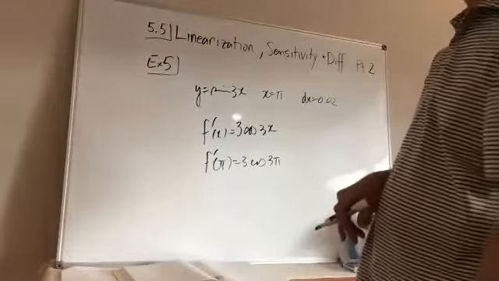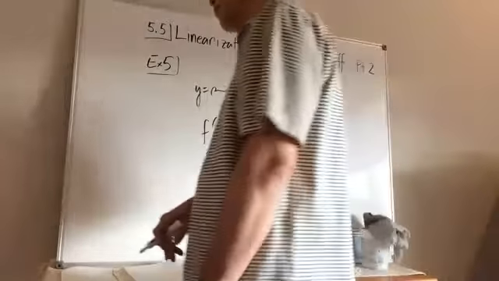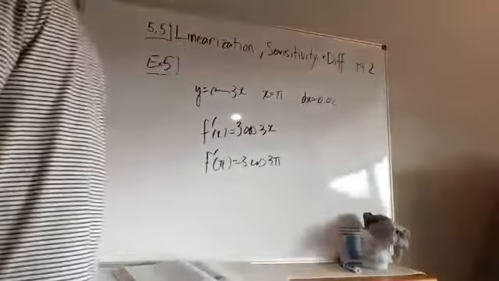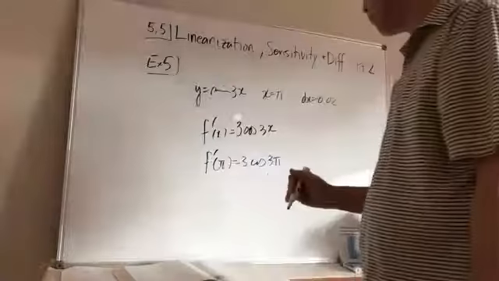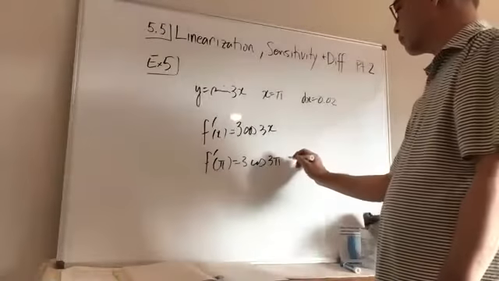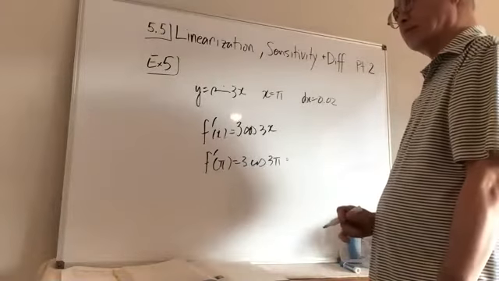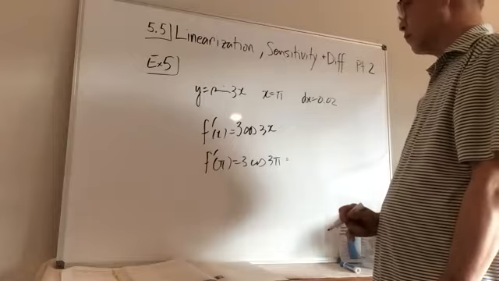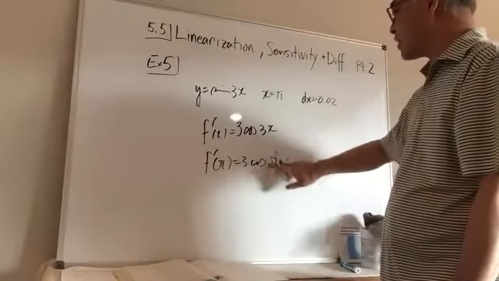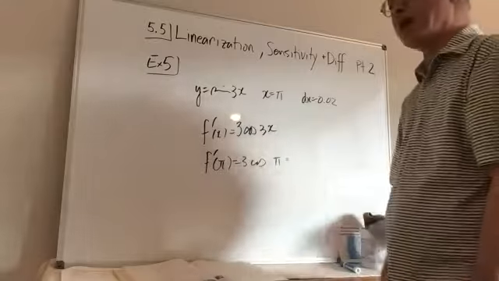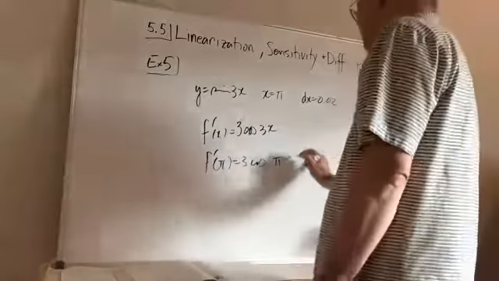Cosine 3 pi is equal to what? It's -1, because cosine of 3 pi is the same as cosine pi, correct? Cosine pi is -1.